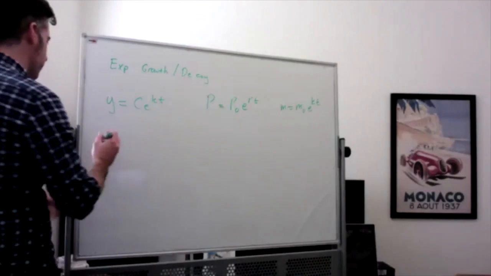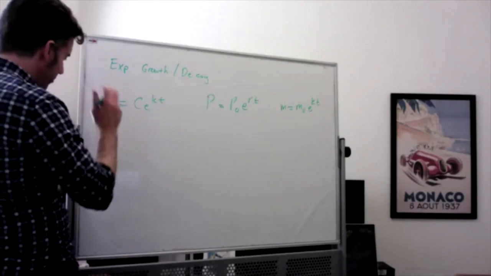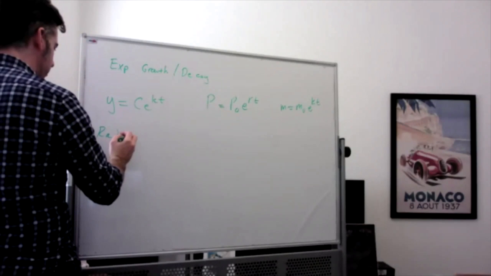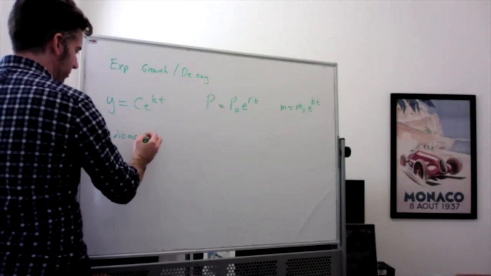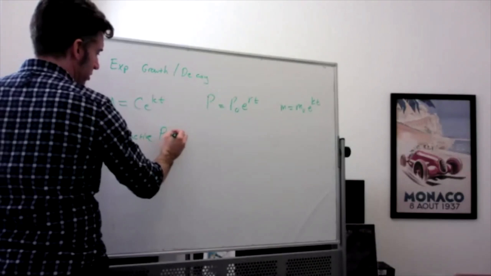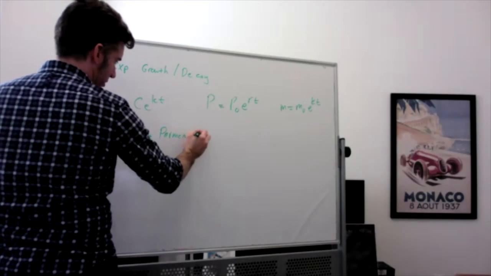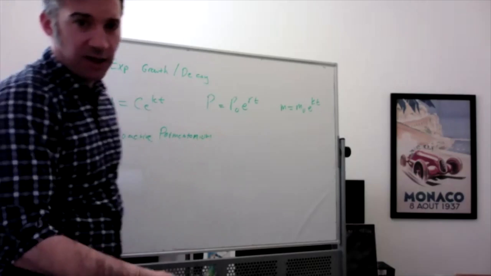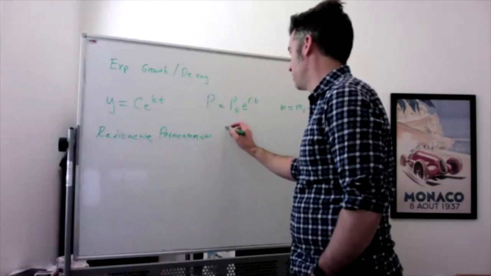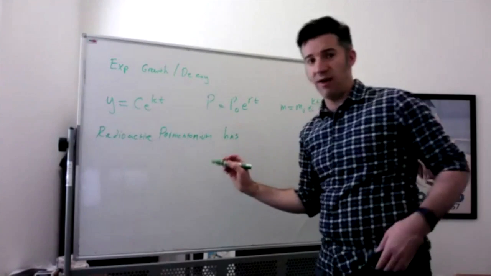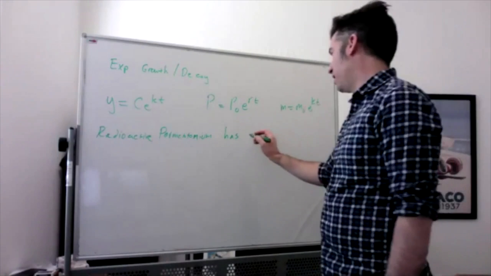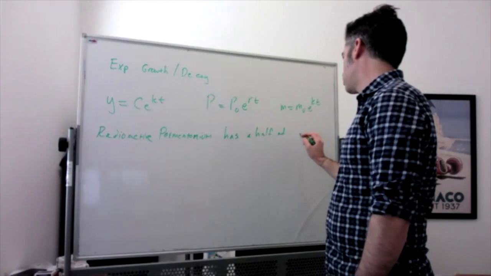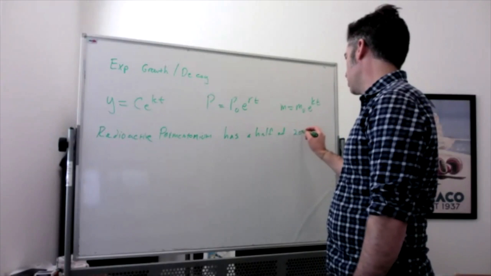Let's say radioactive, I'm just going to make something up, radioactive parmentonium, my favorite element. I just discovered it. It's got a very convenient half-life, not some weird number like 5,100 and whatever. It has a half-life of, let's say, 200 years.